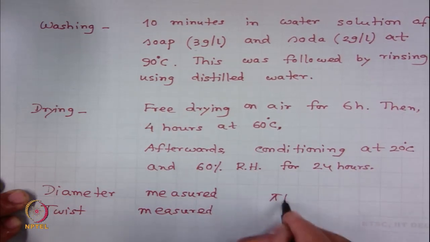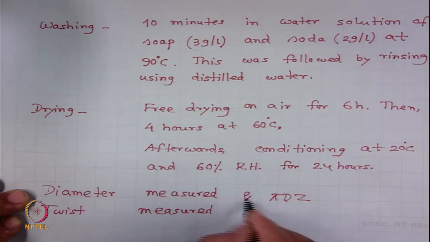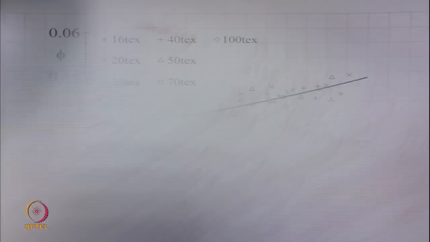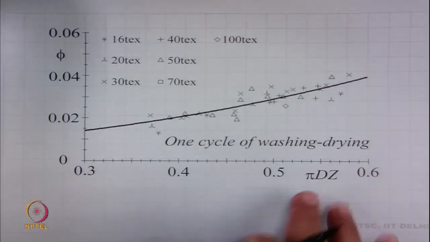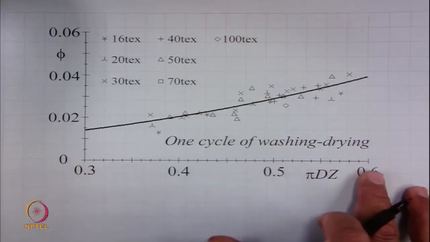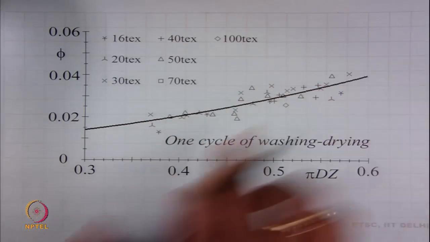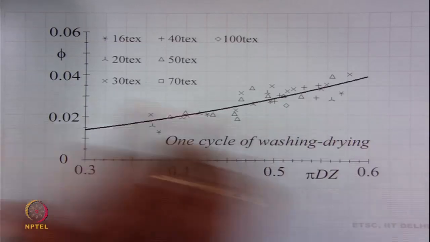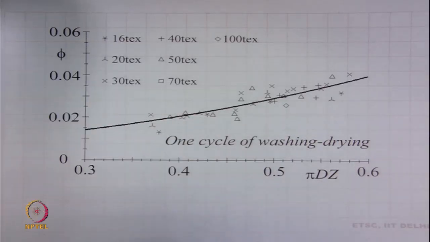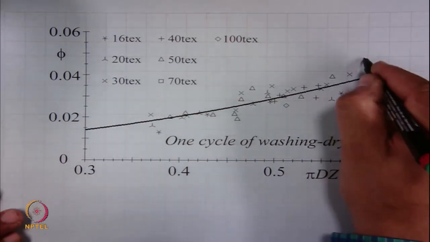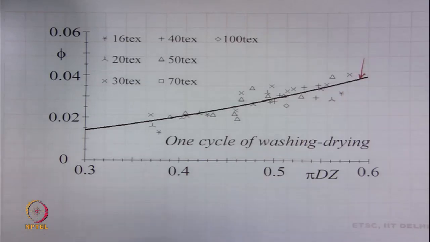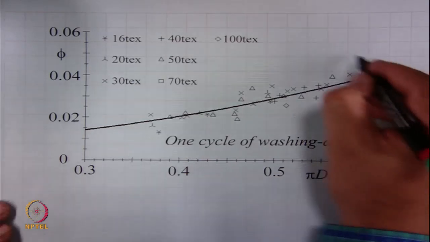From there we obtain pi dz, yarn twist intensity. So, this yarn twist intensity we plot along the x axis, and these are the results corresponding to the first cycle of washing and drying shrinkage. And this line is coming from theory.